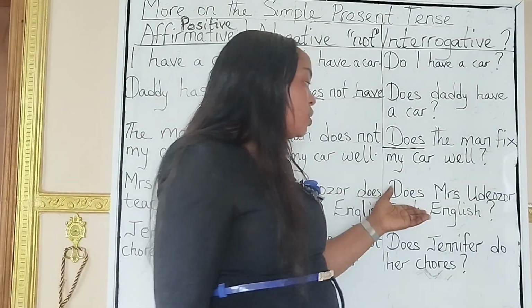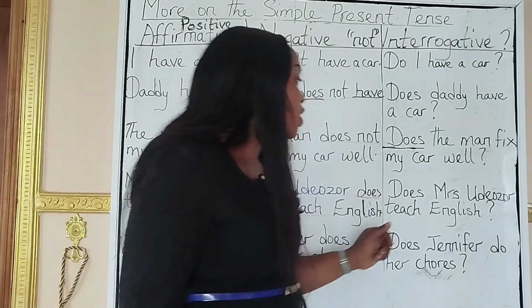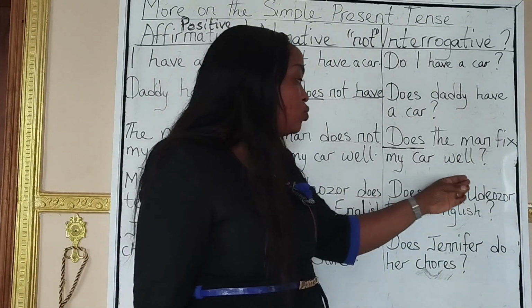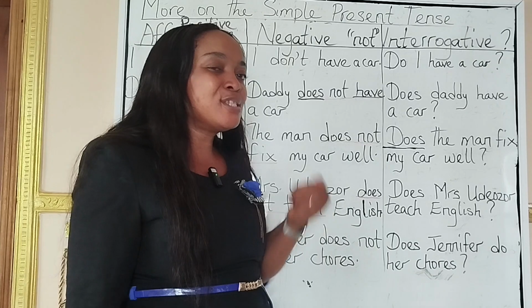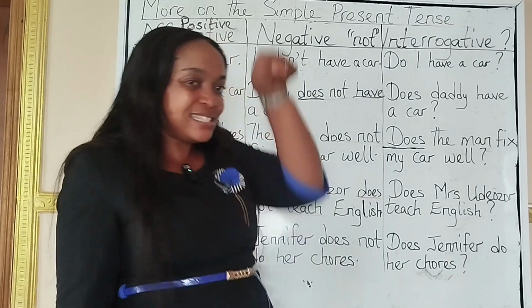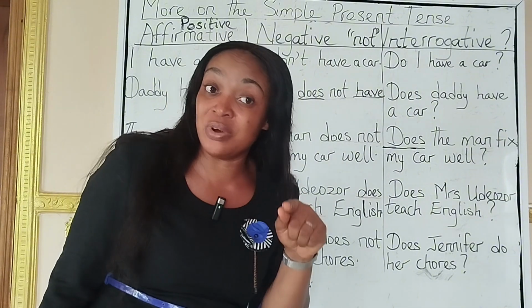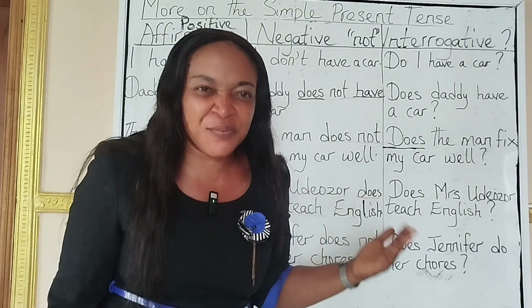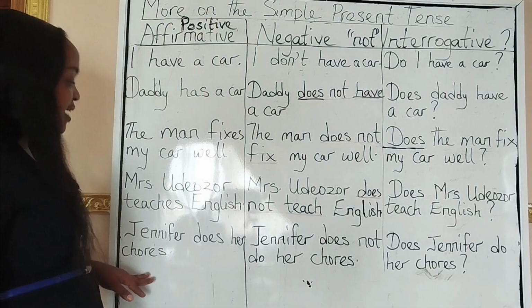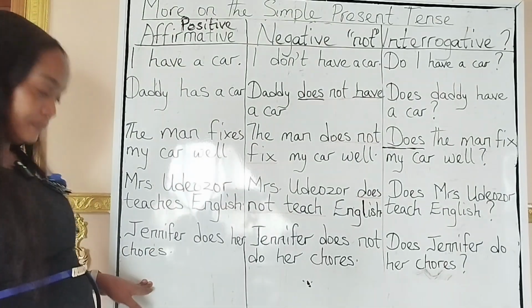And when we come to the same structure as a question, interrogative, we say, does Mrs. Udozo teach English? You don't say, does Mrs. Udozo teaches English? No. That is the rule. Learn it. It's just the complexities of English language. Okay. Jennifer does her chores.